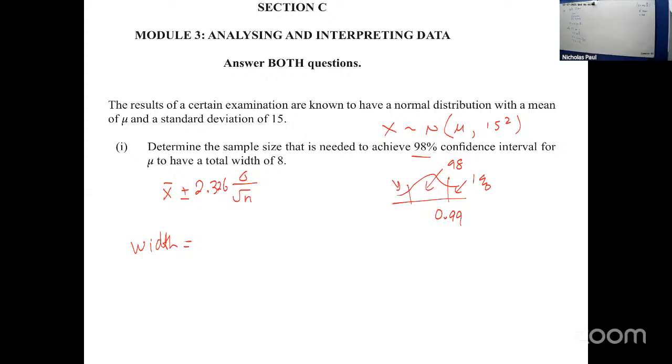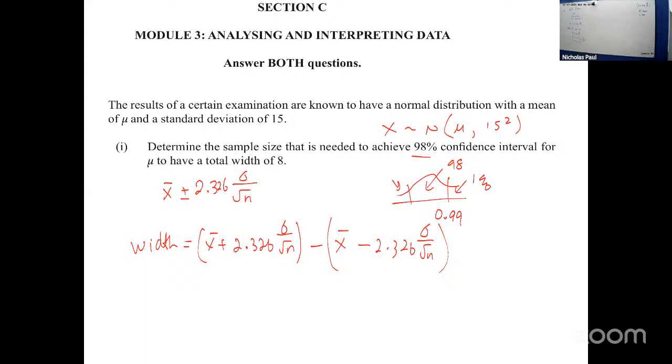What will happen when you subtract x bar plus 2.326 sigma over root n, minus x bar minus the same?